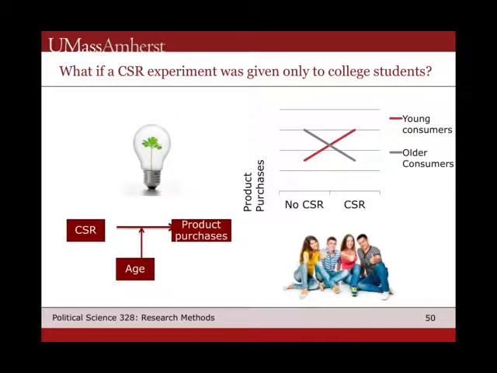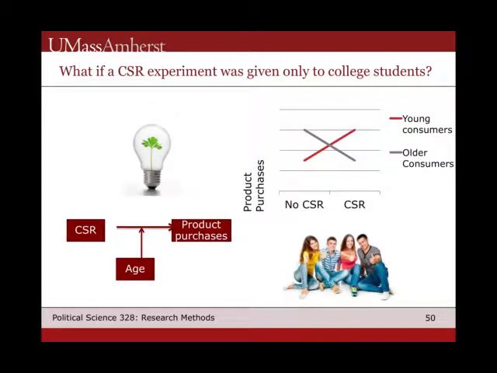Now, older consumers have the opposite. They actually might be more likely to purchase products that are just normal, everyday products, but are somewhat suspicious of green products, perhaps because they suspect they're going to cost more, or because they don't want to be seen as that type of person, whatever that type of person is.